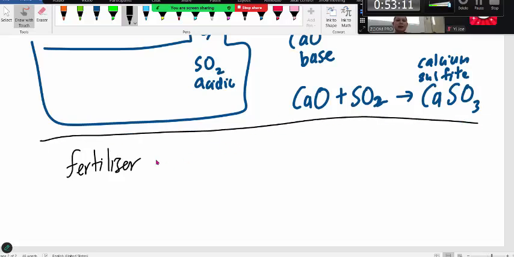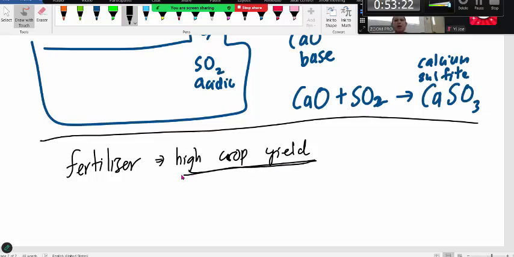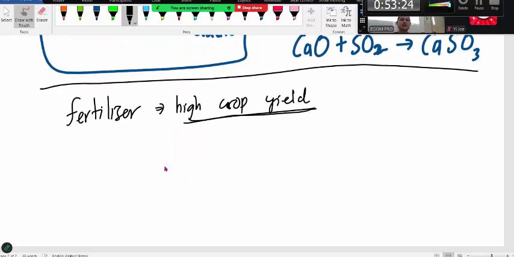Fertilizer is very important for plants because we want high crop yield, that means lots of yield from the crops. We need fertilizer, and the fertilizers must have NPK. You only need to remember one thing, which is NPK.